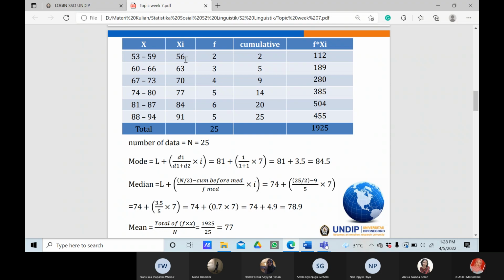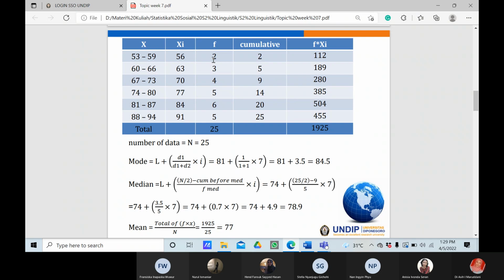The fourth data will be 56. Also at the second row, the midpoint of the interval will be 63. For the interval 67 until 73, the midpoint is 70, and so on. And the last row, the interval between 88 until 94, the midpoint is 91.